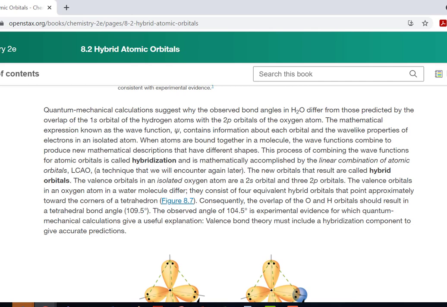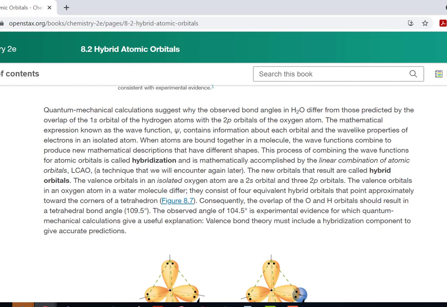I think we skipped over some of the details of that, and we don't get into a lot of the details in this course. We have some wave-like properties that describe where the electron is, and essentially the wave functions are telling you things like the shape of s orbitals, the shape of p orbitals, etc. So the idea here is we have a new kind of orbital that can exist when we have a bond. That is not just the orbital of one and the orbital of another. It's a mixture of the two.